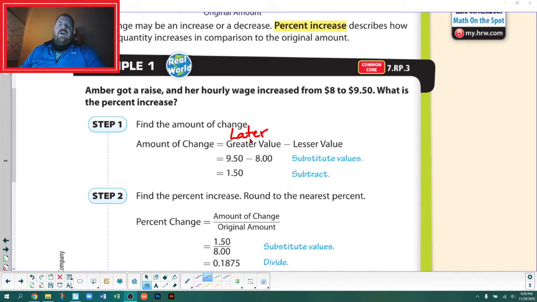When I say later value, I mean what it changed to, and then the lesser value, I always just want to say original amount.